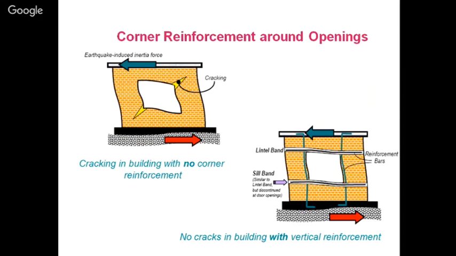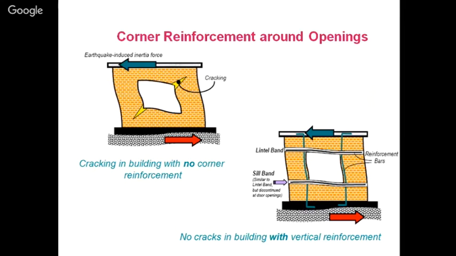Corner reinforcement around openings. You can see, as I have told you earlier also, that masonry is strong in compression and weak in tension. So whatever portion is compressing, that is not having any crack, but whatever portion is having tension, whatever fibers are elongating.